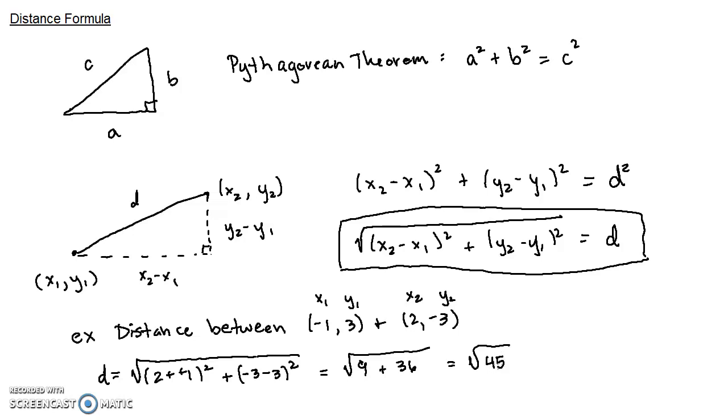So just to remember how to simplify these square roots, you want to try to break it into 2 factors that you can take the square root of. So for example, 45, I could break it up as 3 times 15, but that doesn't do me any good because I can't take the square root of either of those. I could also break it up as 9 and 5, and that does help me because I can take the square root of 9.